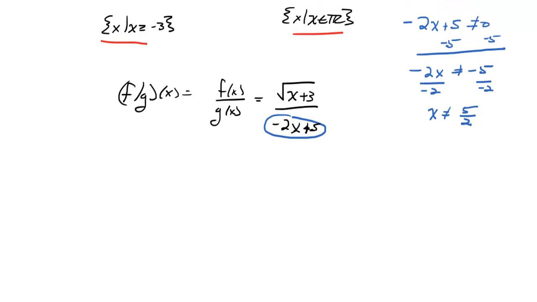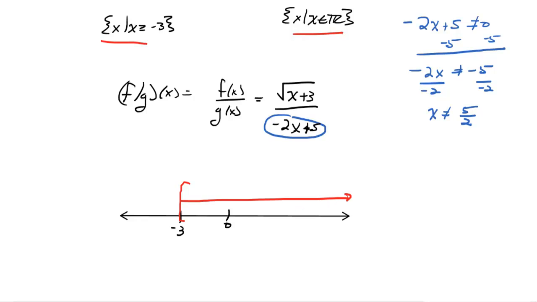So on our number line, I'm going to indicate that I have 0 and then I have this negative 3, and this still gets a bracket opening to the right. The second one, all real numbers, which comes from the polynomial, looks like this, so we're still seeing that overlap. But notice here at 5 halves, which is 2.5, we have to exclude this value.